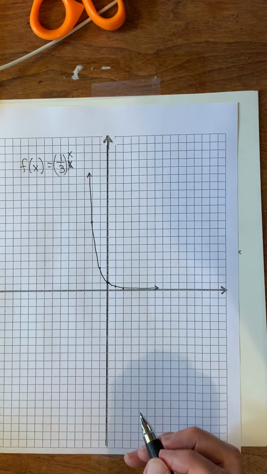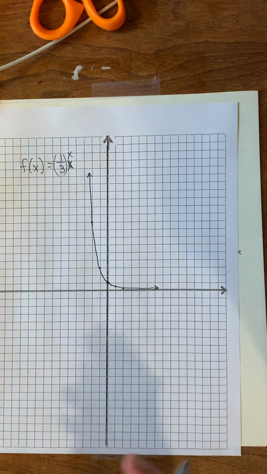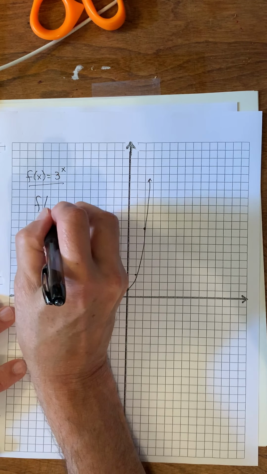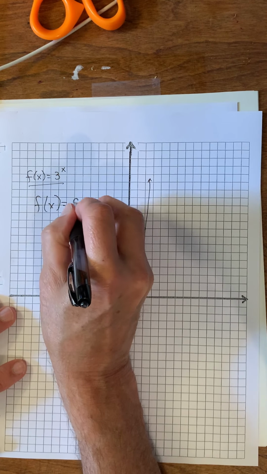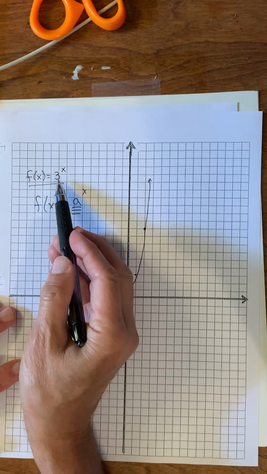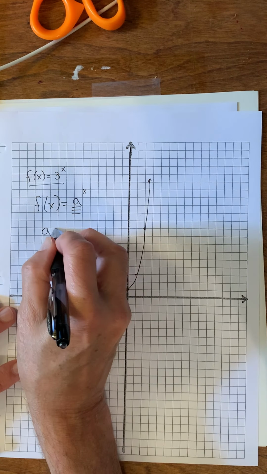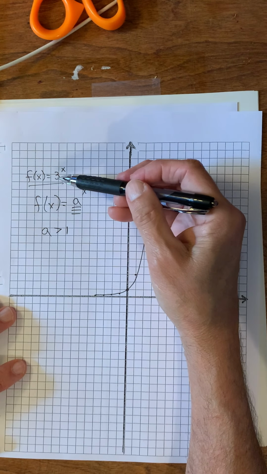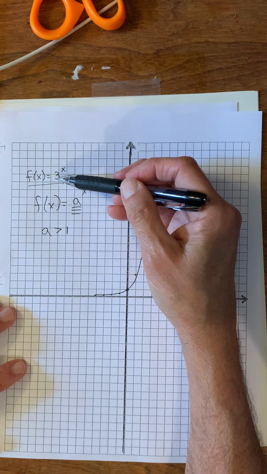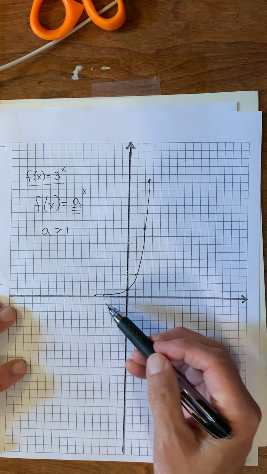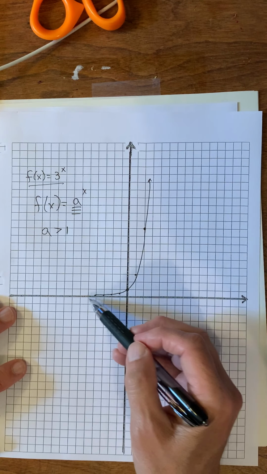Now here's what we're going to observe in general. f of x equals a to the x. If a is greater than 1, something like 1.5, 2, 3, 4.7, anything greater than 1, it's going to basically have this look right here.